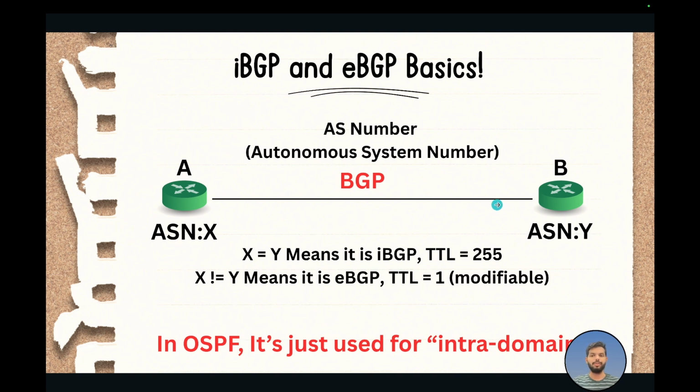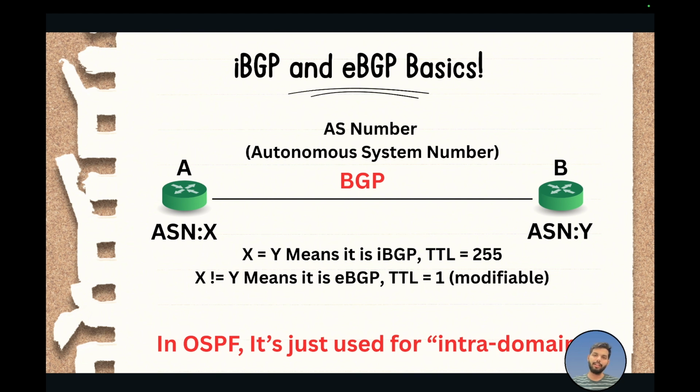Now let's say these two devices have a BGP neighborship between them, and this device has ASN number X and this device has ASN number Y. If X is equal to Y, both devices have the same ASN number, and that means it's iBGP. iBGP means both devices are in the same organization, which is the literal meaning of iBGP.